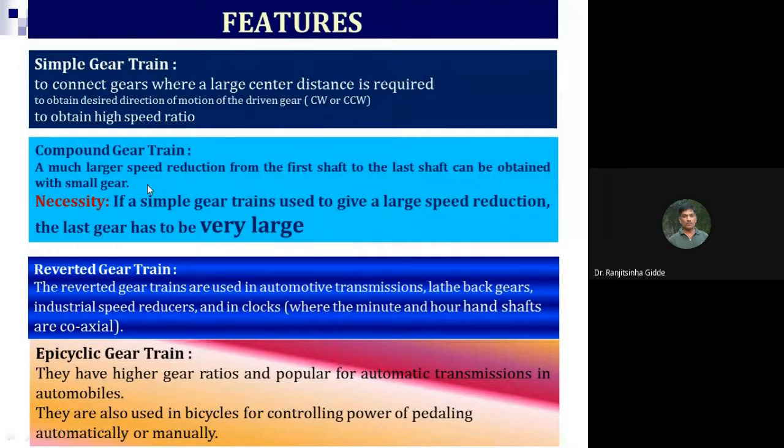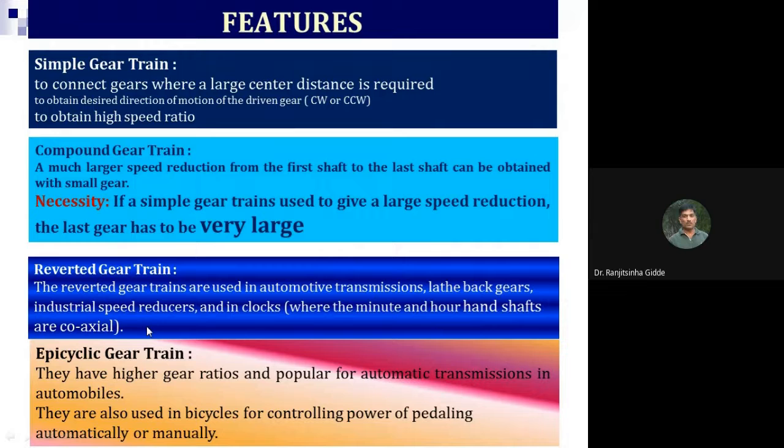Or suppose we want to increase speed from 50 rpm to 5000 rpm, we can use the compound gear train. So then what is a reverted gear train?